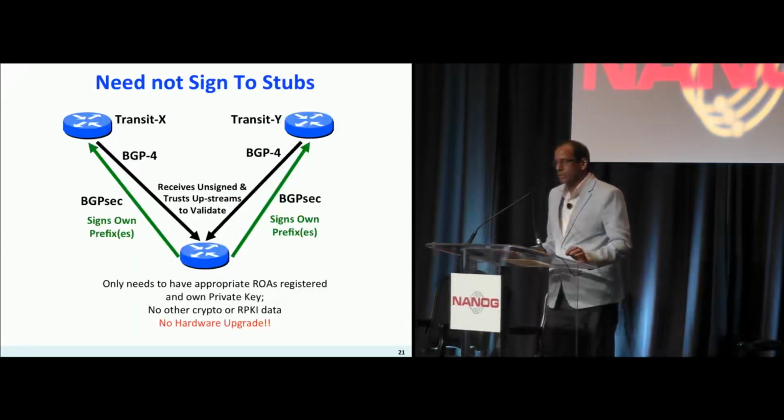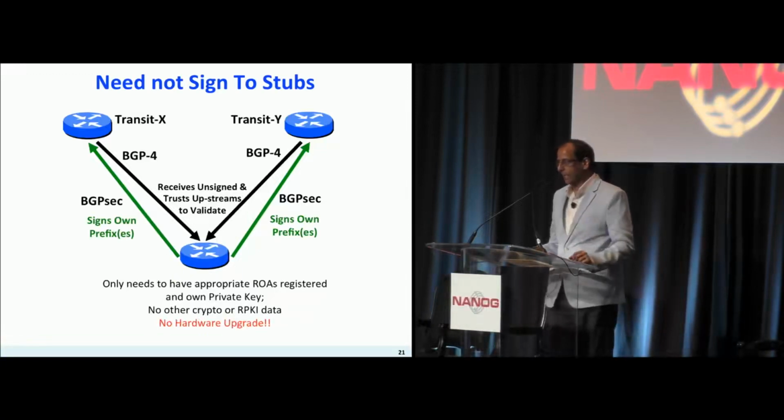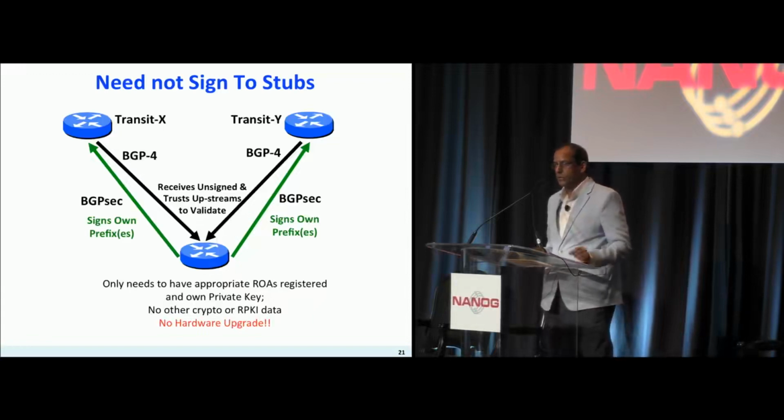We should mention stub ASs, because a BGPsec implementation would entail some hardware upgrade. If you have a stub AS, BGPsec allows for what you may call simplex BGPsec. The stub AS can sign its updates to the transit provider, but receive only unsigned updates from the transit provider. By doing that, the stub doesn't have to do any hardware upgrade.